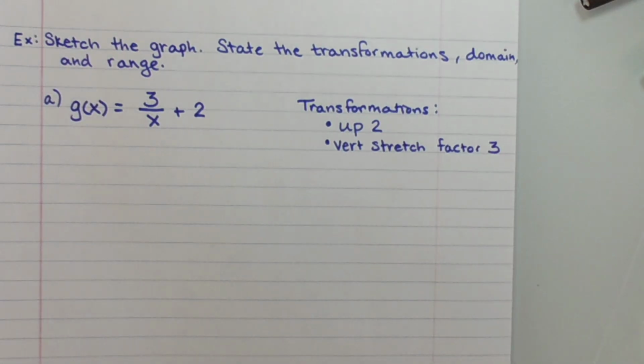There can be up to 4 transformations that happen on these graphs. Up, down movement, left and right movement. Did this one go left and right? No. Vertical stretch or vertical shrink, and a reflection. Did this one reflect? No. We got all the transformations. So we're moving on to sketching it.